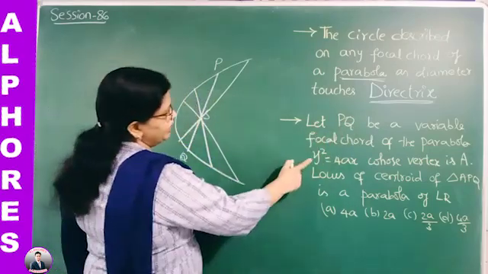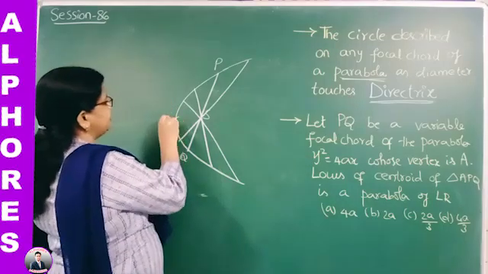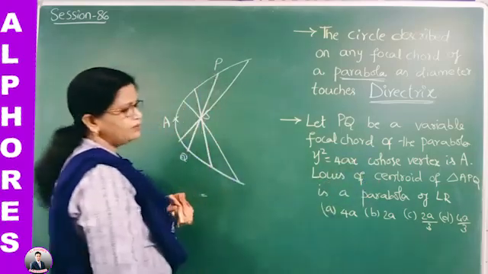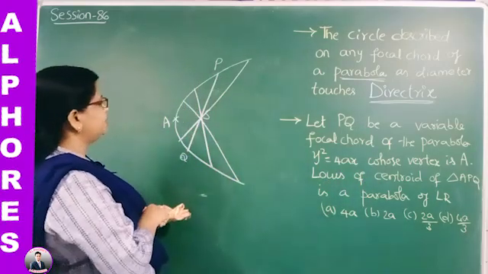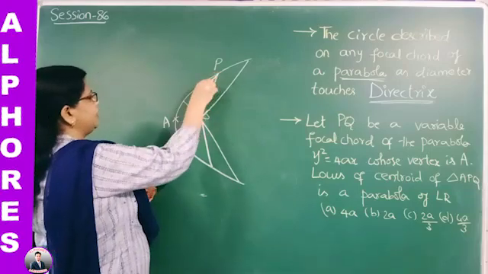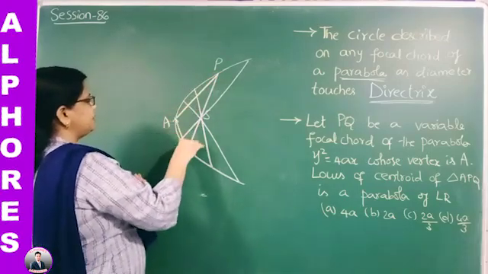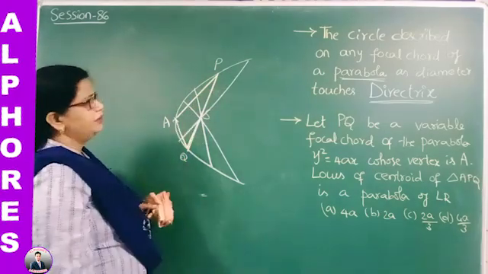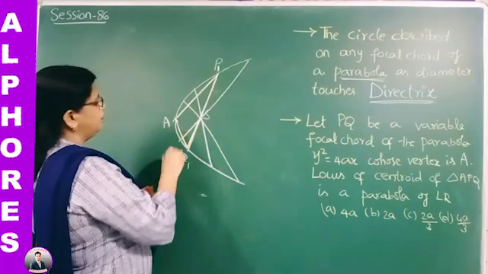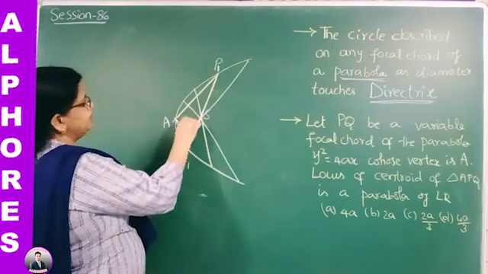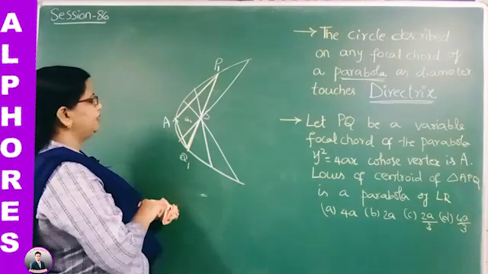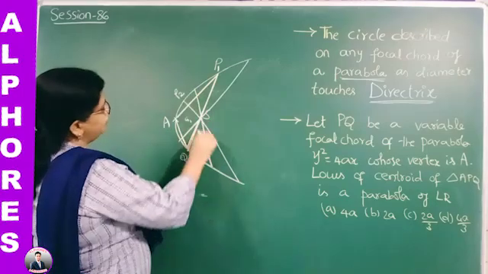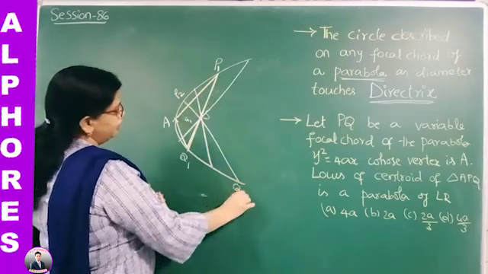And now they are saying the vertex is A, that means this is our capital A. Now they are asking about the locus of the centroid of triangle APQ. Suppose this is one of the positions you have taken, P1, Q1, and the centroid is G1. Next, suppose you consider the other position P2 and Q2.